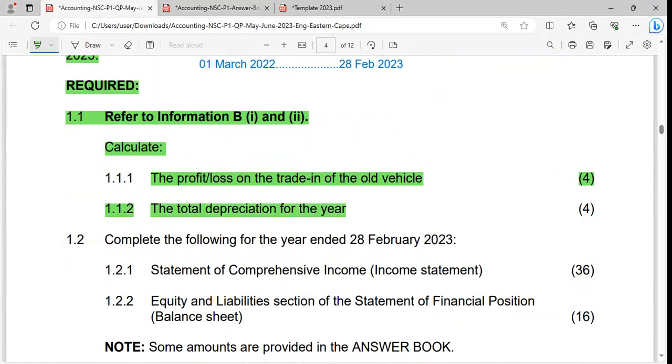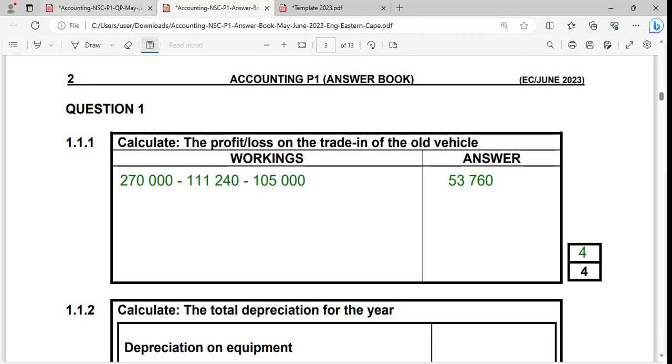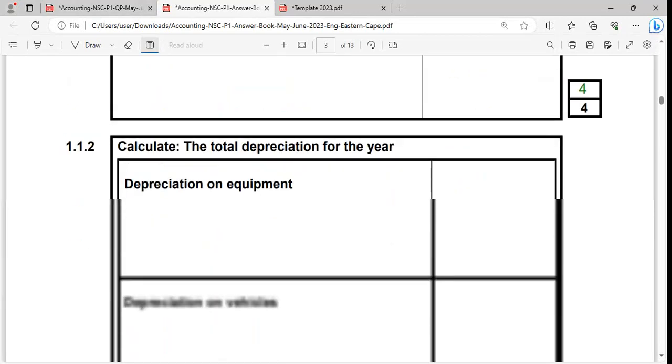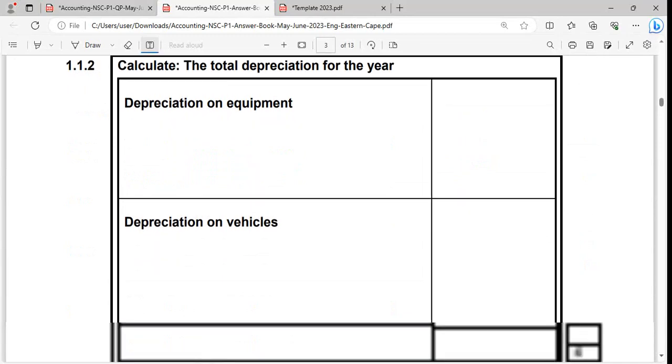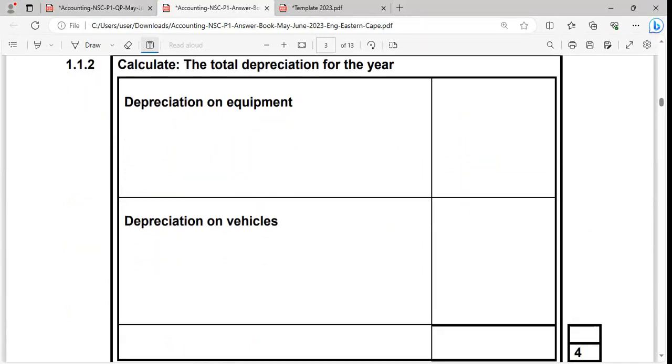So now we're going to be showing a calculation here, total depreciation. This is where we're going to do our workings. We will calculate depreciation on equipment and depreciation on vehicles, and then we combine both depreciation figures to get the total depreciation.